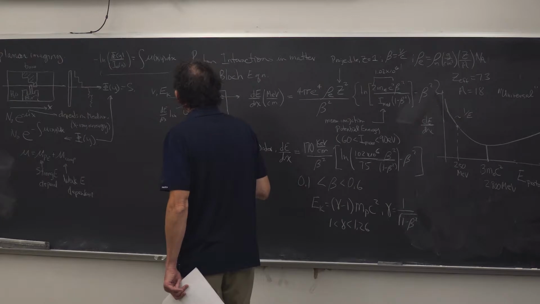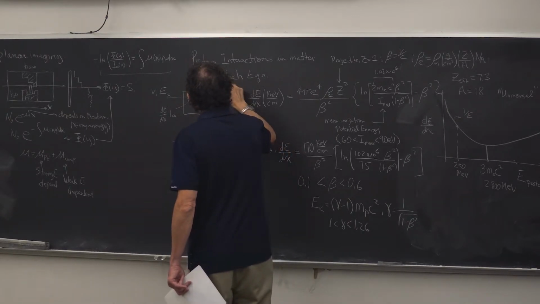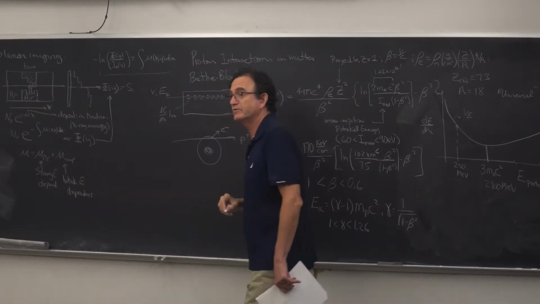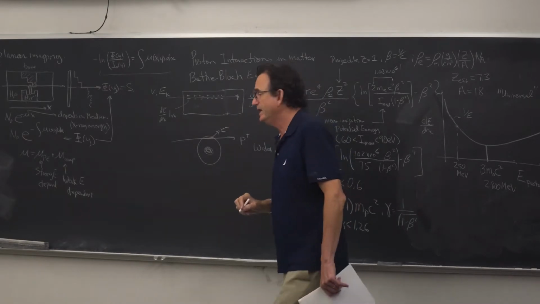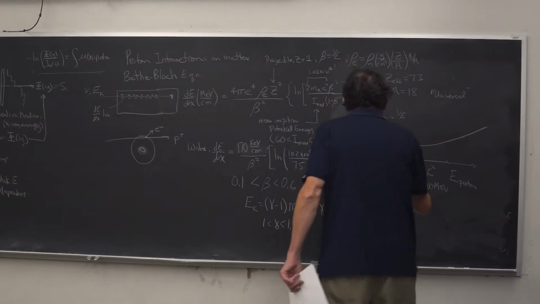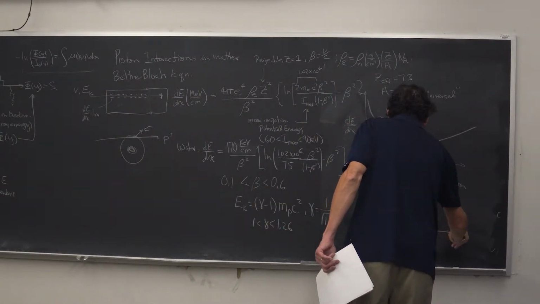And if it turns out that the block is thick enough so that it actually stops the proton beam, then the maximum dE/dx will be right near the stopping point of the proton, right when it's lost most of its energy. And I can then draw this in a slightly different sense.